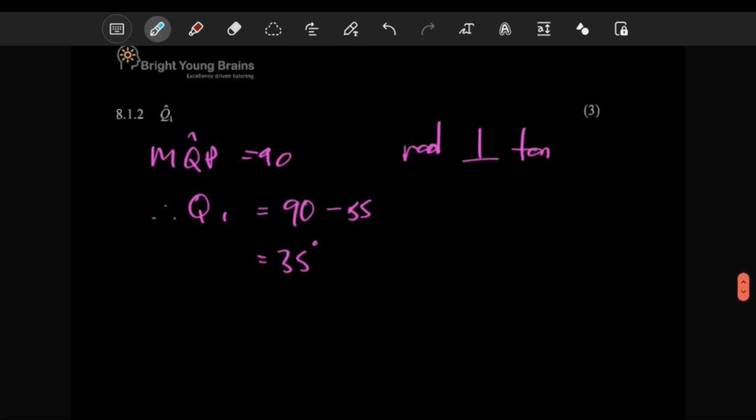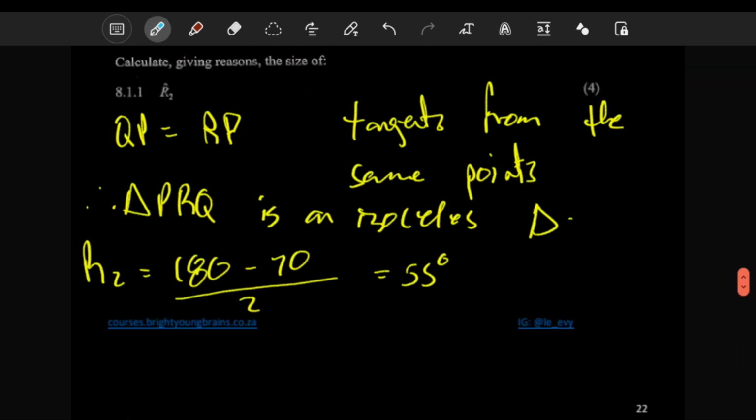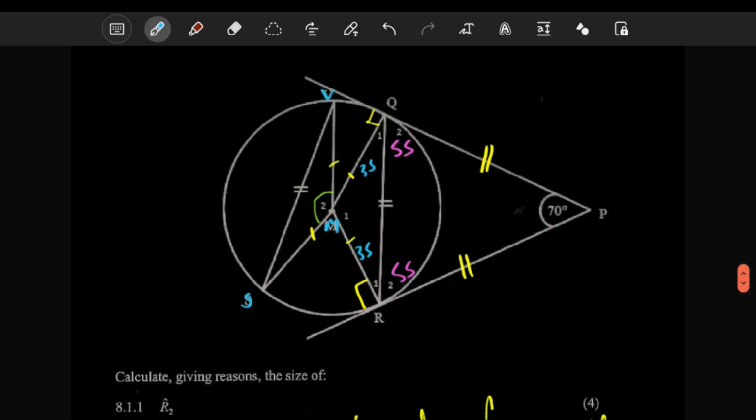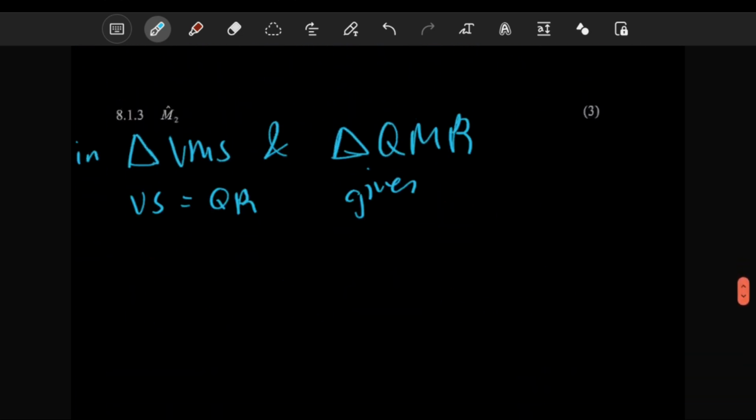So here we're going to state that VS is equal to QR. So let us do it. VS is equal to QR. This was given. Thank you. And then we're going to say that VM, MS, MR and MQ are all equal because they are radii.